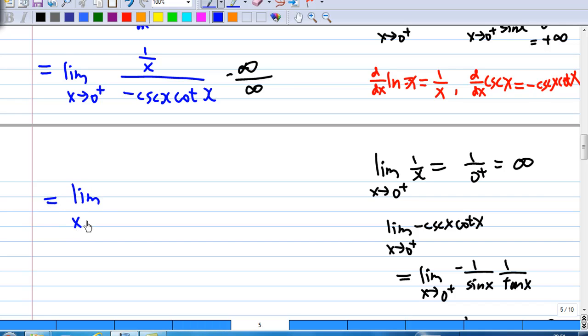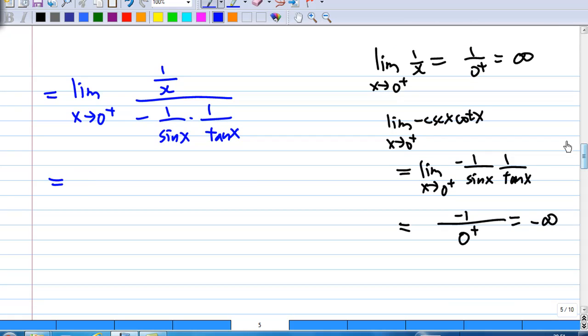Let's see how we do it without using L'Hopital's rule. So this is 1 over x over negative 1 over sine x times 1 over tangent x, and I'm going to simplify the expression.